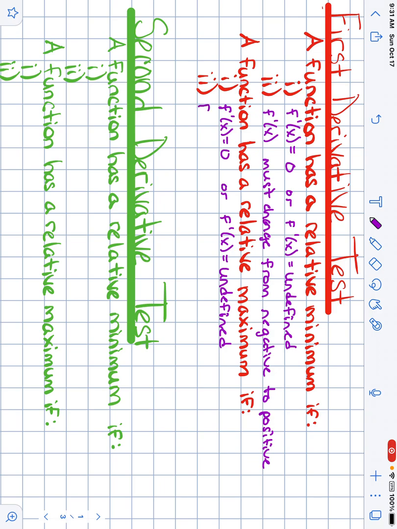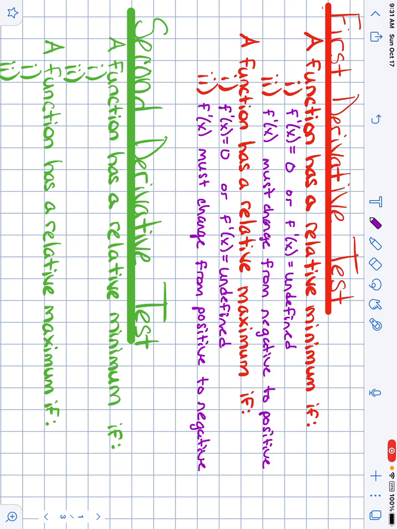Similarly, f prime of x must change from positive to negative for a relative maximum. That way, the original function would be increasing and then changing to decreasing, making the function have a relative maximum.